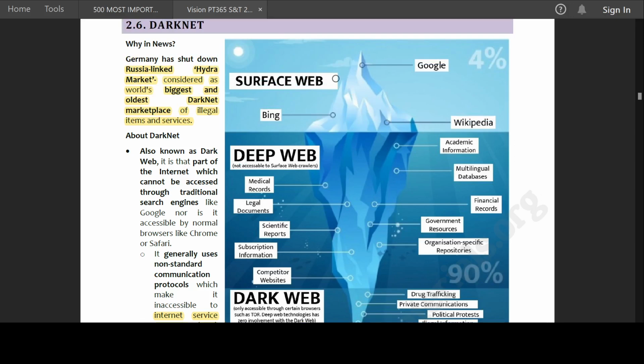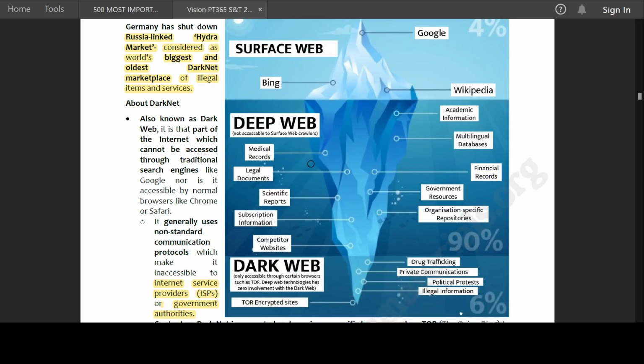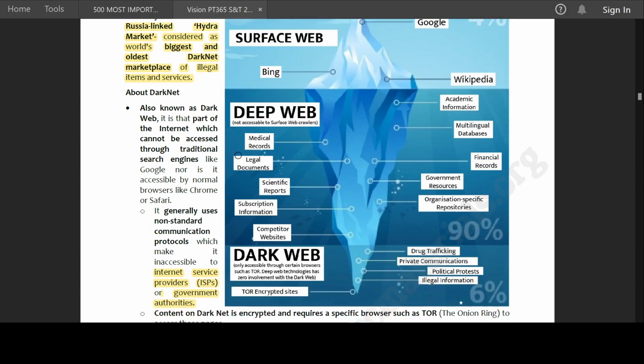So the surface web, that is Google and Bing, comes only 4%. Wikipedia also. Deep web, 90%: medical records, legal documents, scientific reports, subscription information, competitor websites, organization-specific repositories, government resources, financial records, multilingual databases, academic information.